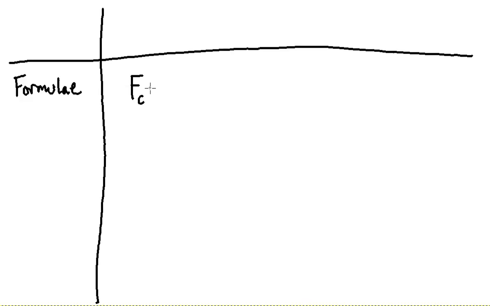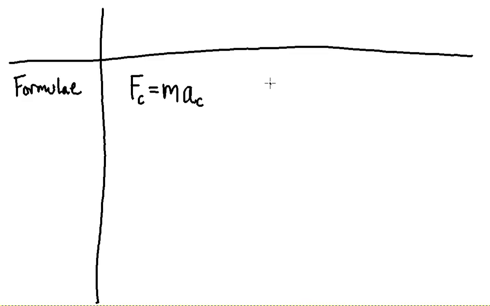The centripetal force equation is equal to the mass of the object that is moving in a circular or elliptical path multiplied by the centripetal acceleration. The rate at which it's changing direction depends on the force that's causing it to move in a curved path.